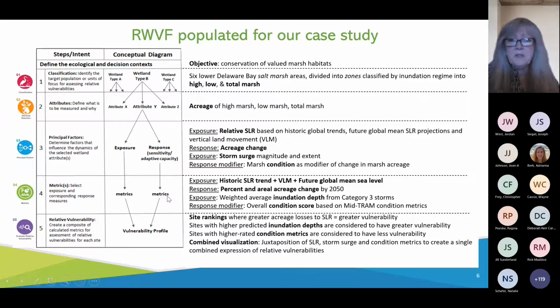We amalgamated these into a visualization of relative vulnerability in step 5 under a series of assumptions that seemed reasonably logical, including greater acreage losses to sea level rise would represent greater vulnerability. Higher predicted inundation depths represented greater vulnerability, but higher rated condition metrics, so marshes in better condition, would be less vulnerable.